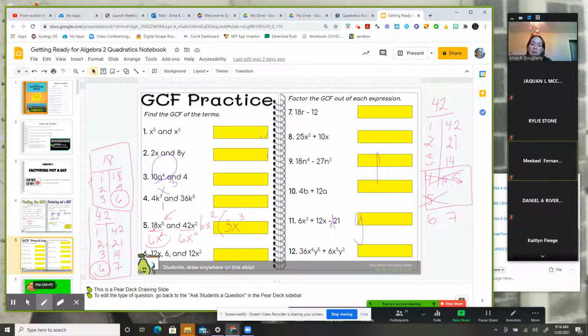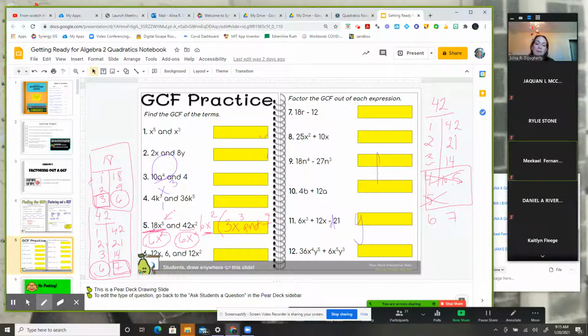So this common thing that we pulled out, that goes to the outside. And then when you do the division, this is literally a fraction bar. 18 divided by 6 is 3, and x to the 5th divided by x squared is x cubed. So then for the other side, we've got 42 divided by 6, which is 7, and that appears here, right? So the other place those appear in our tables.